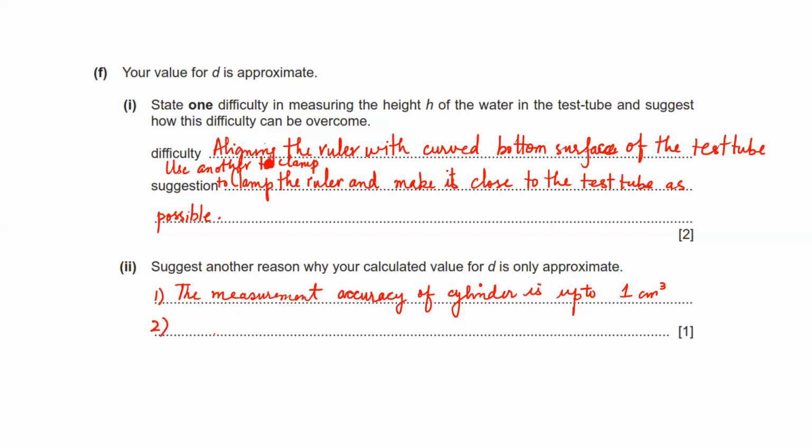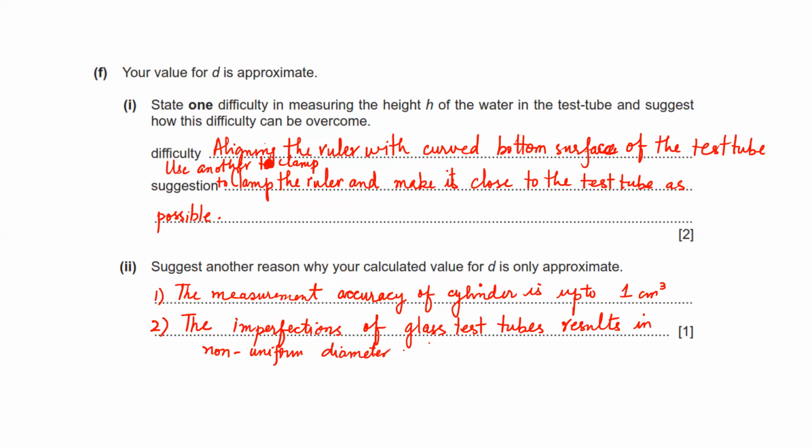Number two, you can say the imperfections of glass tubes result in non-uniform diameter values.